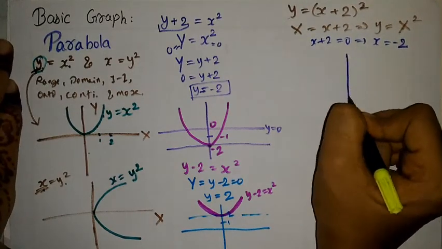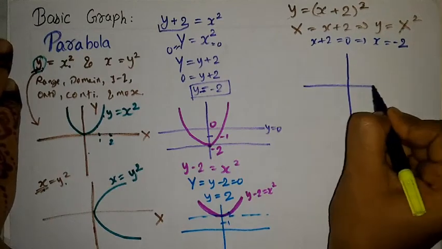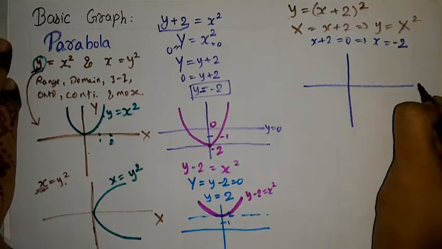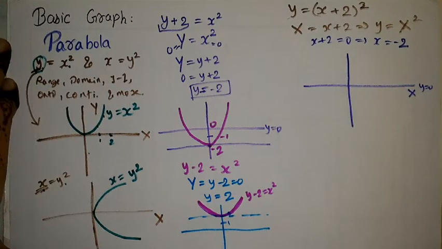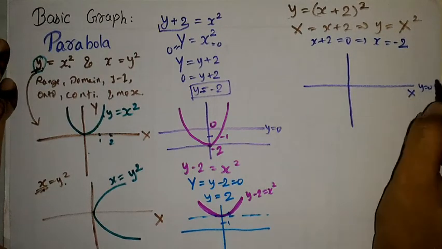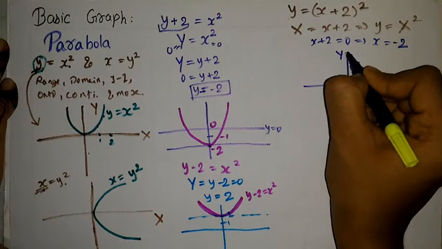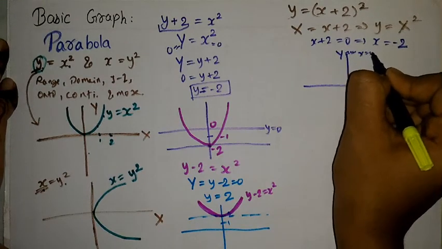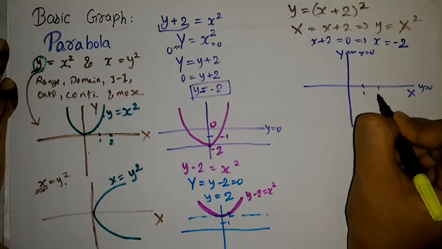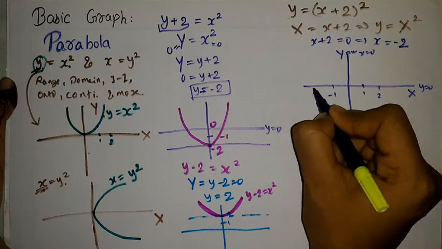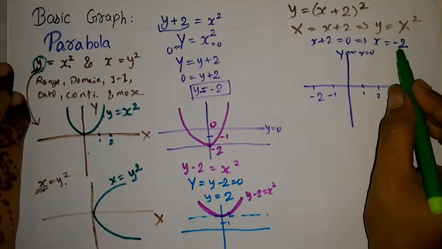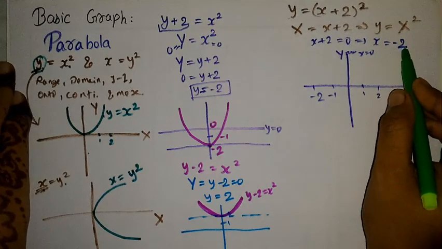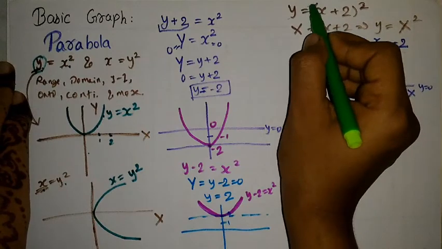So now let's draw the graph. This is y is equal to 0. The x-axis is known as y is equal to 0 because on the x-axis y is 0, and this is the y-axis, so x is equal to 0. This is 1, 2, this side -1, -2. Now the graph is shifted to start from x is equal to -2 and this term is positive.